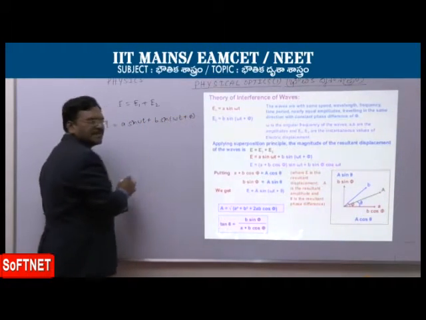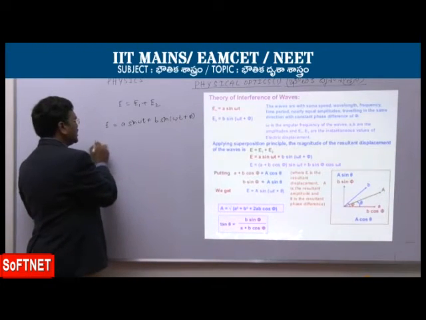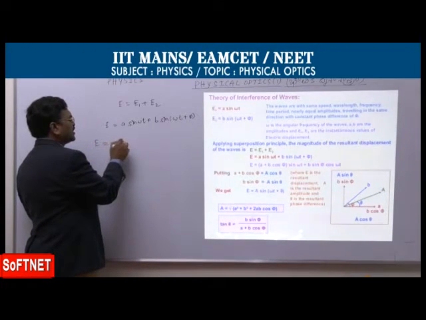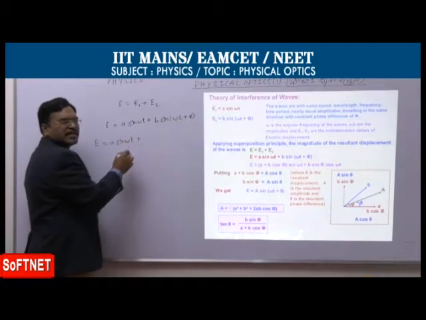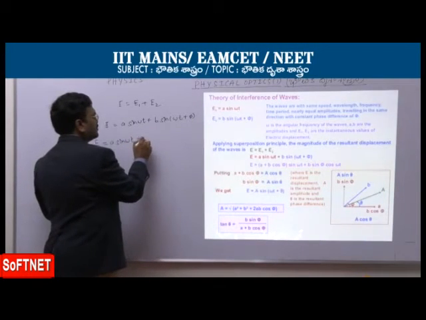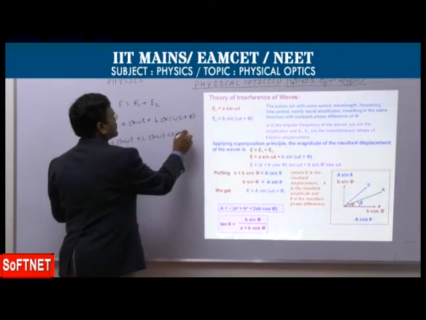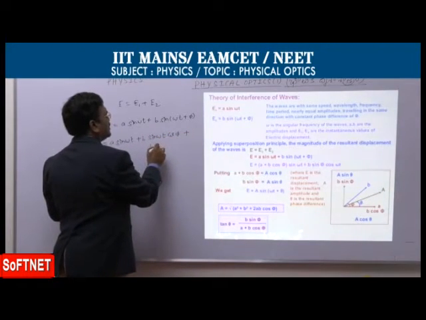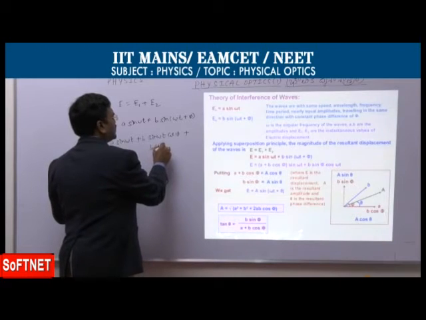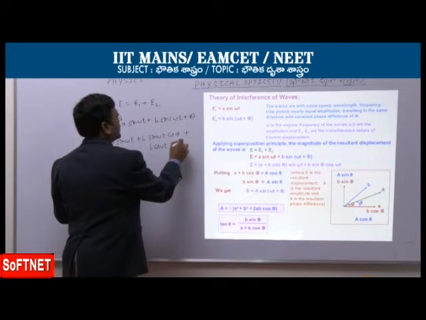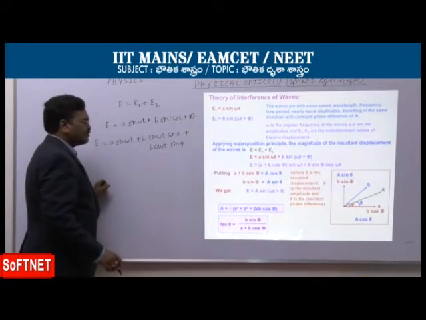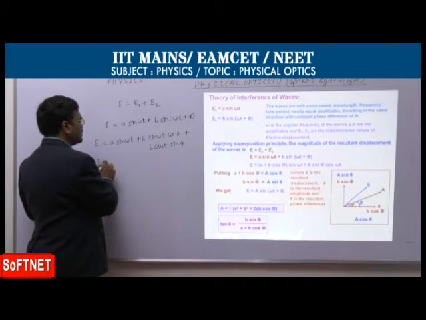Here sin (A plus B) is sin A cos B plus cos A sin B. So E is equal to A sin omega t plus B sin omega t cos pi plus B cos omega t sin pi. From this, what do we take common?